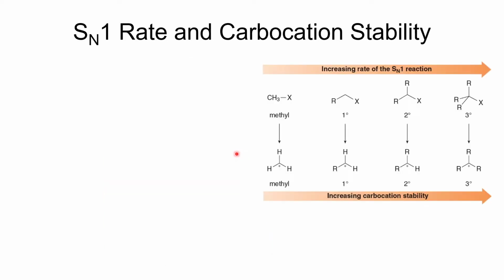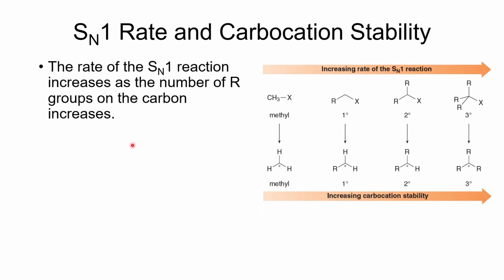All right. Well, let's go back and look at our trends. For SN1 reactions, we know that tertiary alkyl halides react faster than secondary. Secondary goes so much faster than primary and methyl that primary and methyl don't really happen for SN1. So we'll find that tertiary carbocations are more stable than secondary, which are more stable than primary, which are way more stable than the methyl.